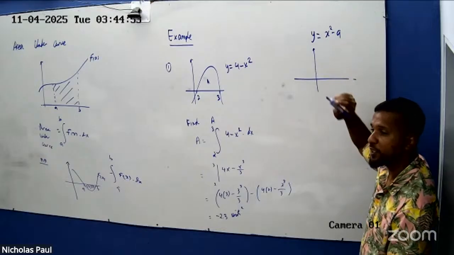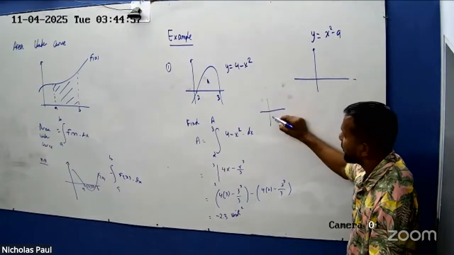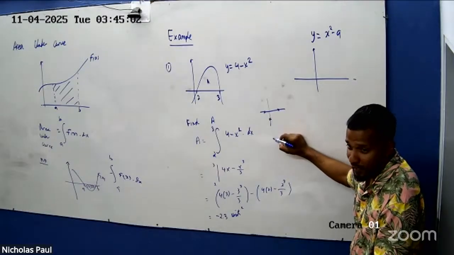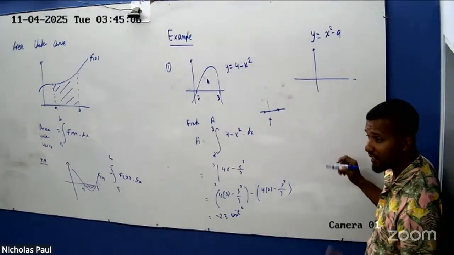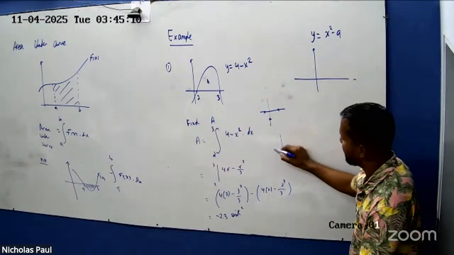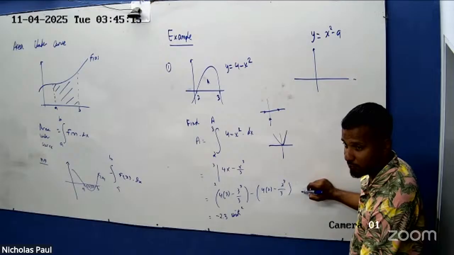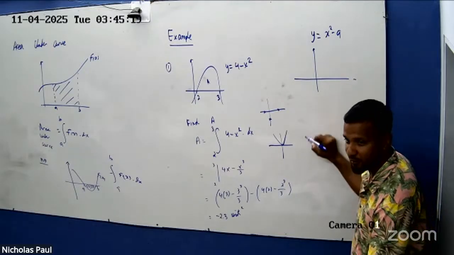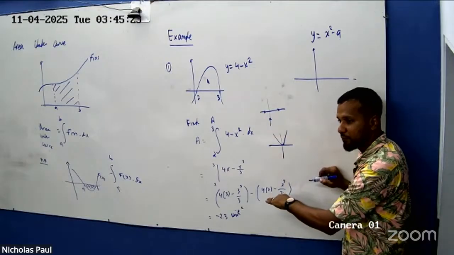In order to sketch a quadratic, we need where it cuts the x, where it cuts the y, and the turn. How does x squared look? And what does minus 9 mean? Minus 9 means you're pushing your graph downwards.